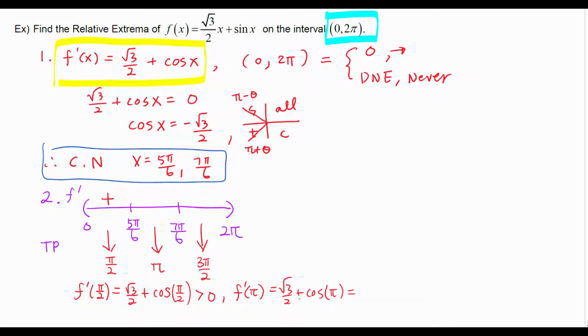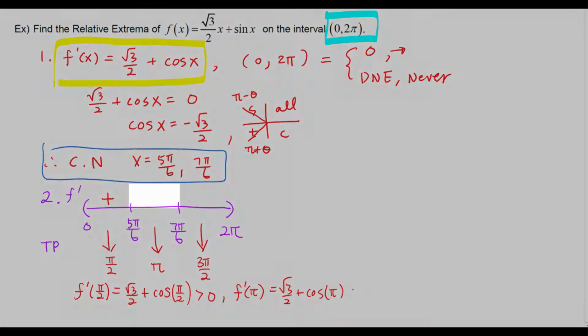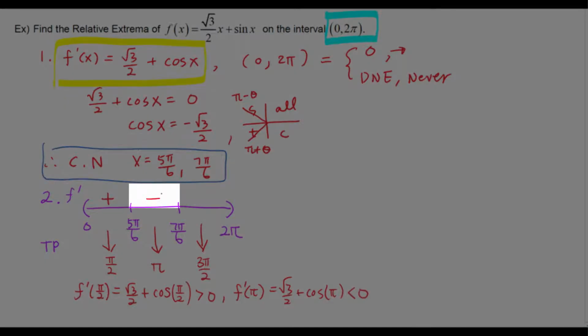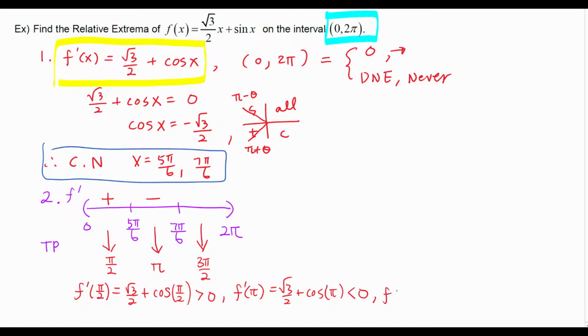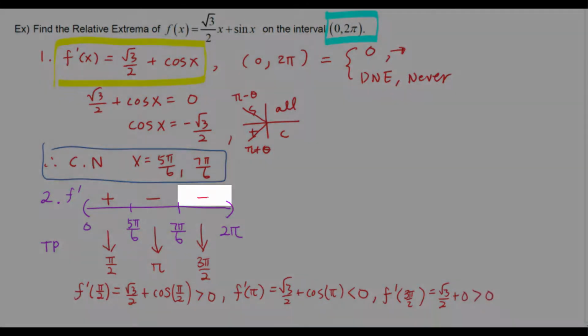When you add it with radical 3 over 2, it is negative. I don't have to know what it is, I just have to know the sign here. So lastly, f prime of 3 pi over 2 is radical 3 over 2 plus cosine 3 pi over 2, which is 0. So I get a positive number again.